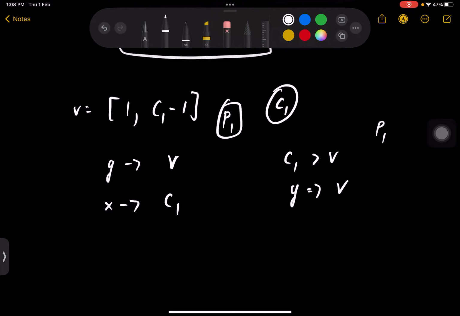Then if X has C1 all the time, and we are finding GCD of X and Y, and we want the GCD to be P1 power V, it should be perfectly V in Y also. Then only it exists.